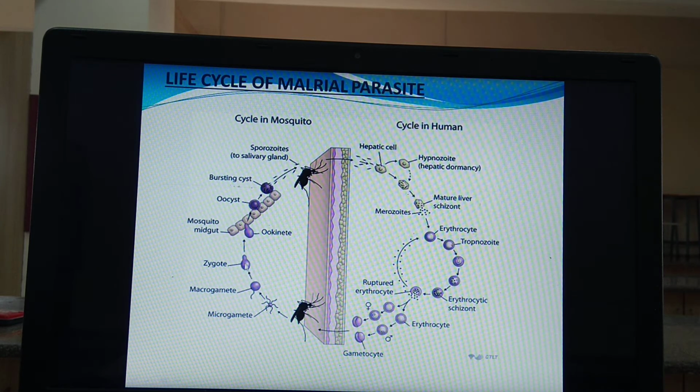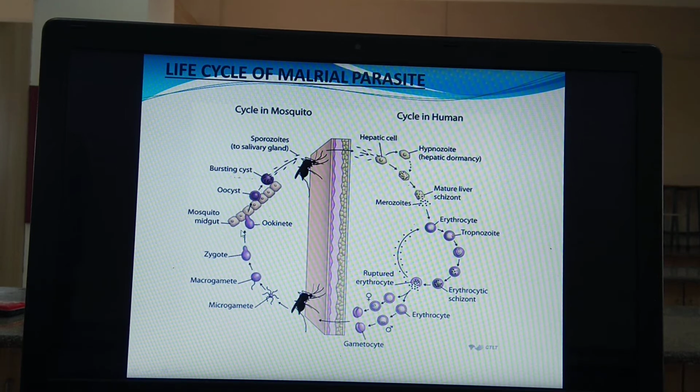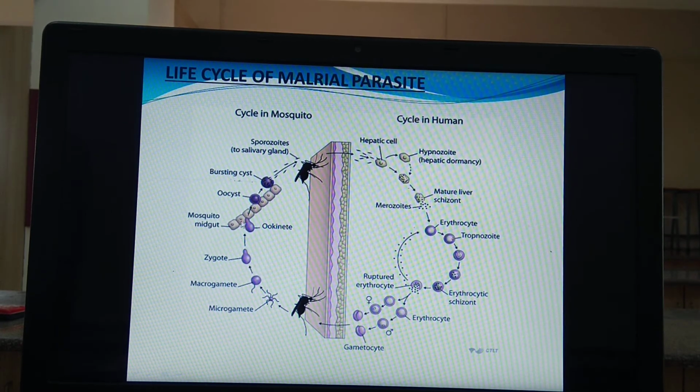This zygote gives rise to the ookinete. This ookinete gets attached to the wall of the intestine and then it enters into the intestinal mucosa. In this intestinal mucosa, the ookinete gets converted into an oocyst, and then this oocyst bursts open and the sporozoites move towards the salivary gland of the mosquito.